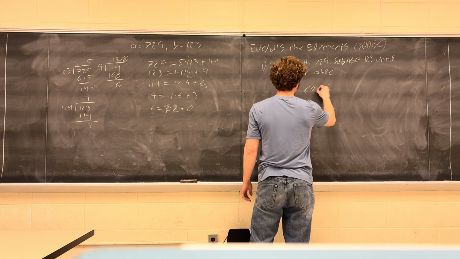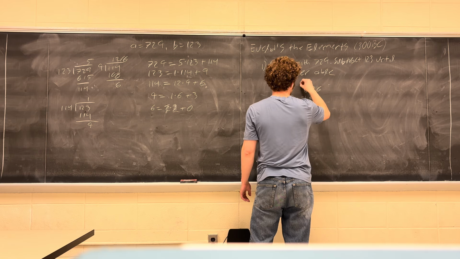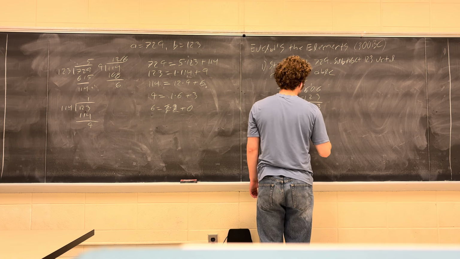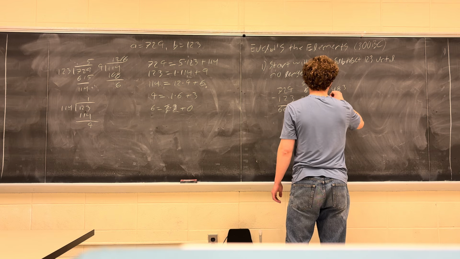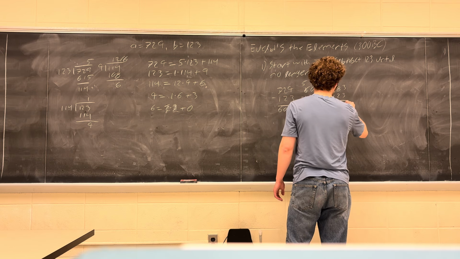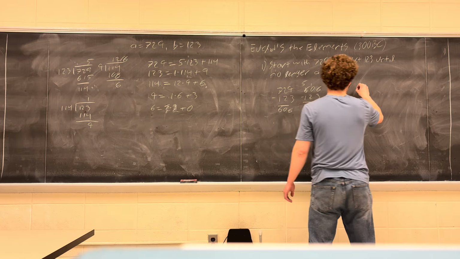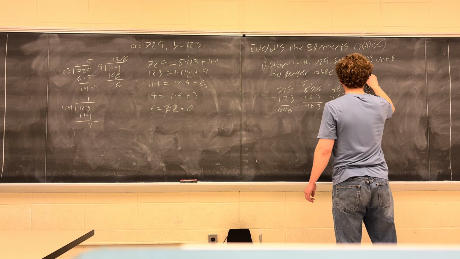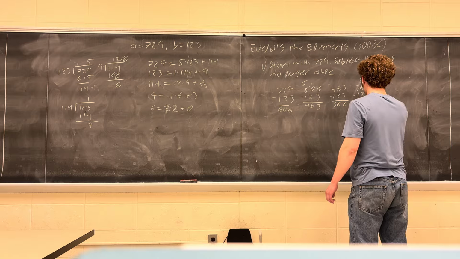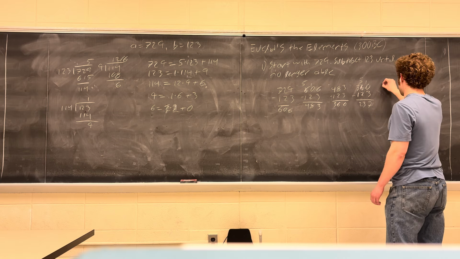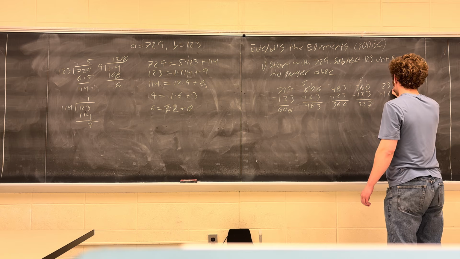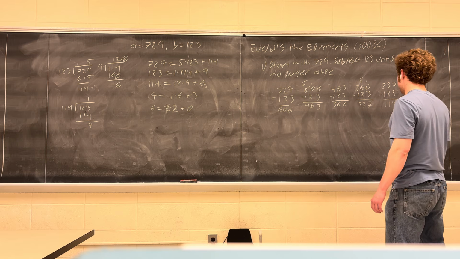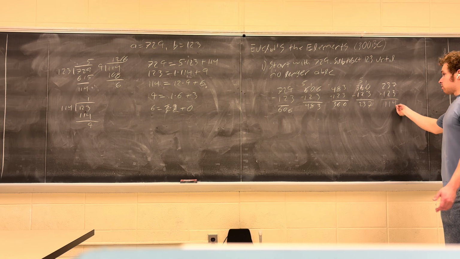Now 606 minus 123 should be 483. 483 minus 123, we get 360. 360 minus 123, 237. 237 minus 123 equals 114. We can't subtract 123 from 114.